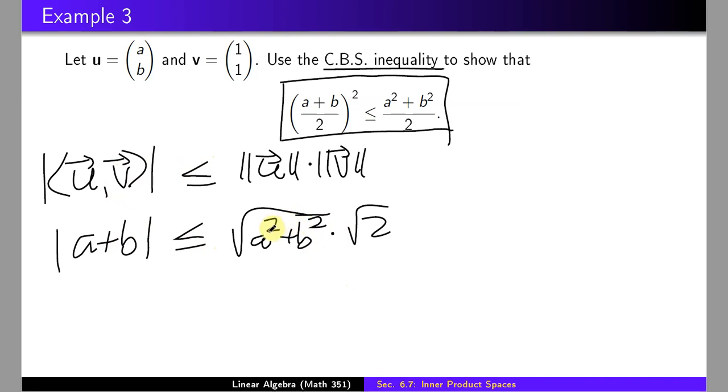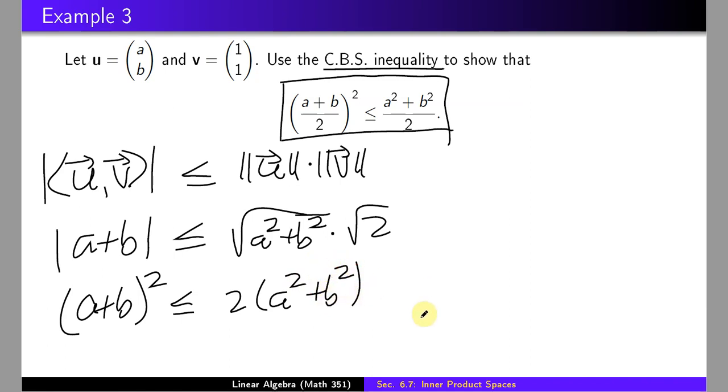All right, let's go ahead and square both sides. Since this is non-negative and this is non-negative and we have this inequality established, you can actually square both sides and it's still true. So that gives us (a plus b) squared is less than or equal to 2 times (a squared plus b squared). Or let's rework this a little bit. If you divide by 2, well, do we want to divide by 2?